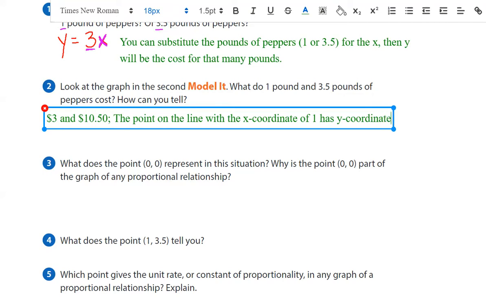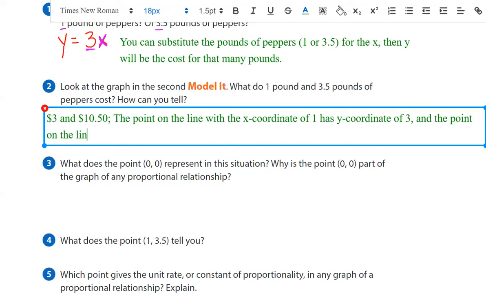The x is the pounds, the y is the money, of 3. And the point on the line with the x coordinate of 3.5 has a y coordinate of 10.5. There you go.